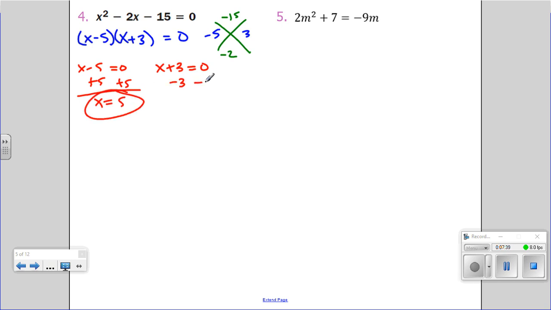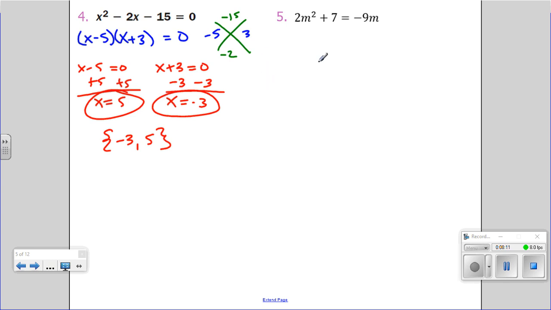I'm going to subtract 3 from this one, so x equals negative 3. So the solutions to this equation are 5 and negative 3. You can leave it like I have, separate, or sometimes you might see it written in set notation. So it would be negative 3 comma 5. It's an alternative way of displaying the answers. Either one is fine.